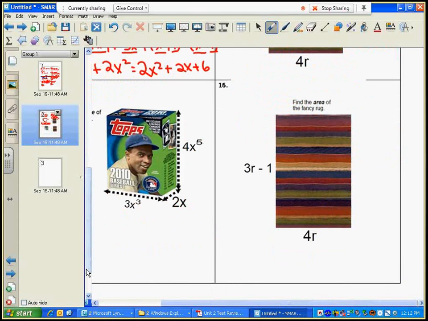Okay, find the area of the rectangle. I know my formula for area is length times width. Right?